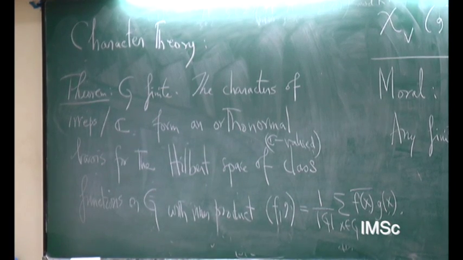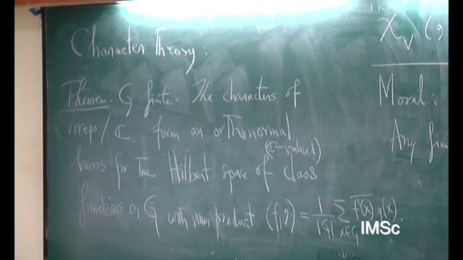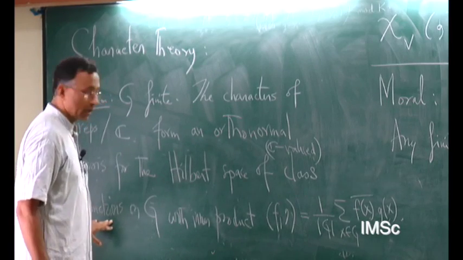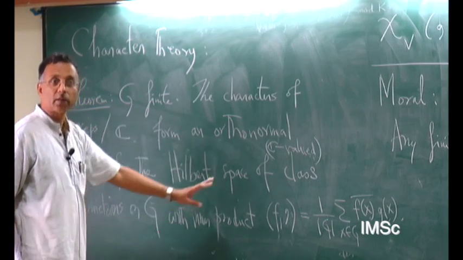Okay, let us parse. There are a lot of things here, so let's understand what it means before we start proving it. Okay, so let's understand this Hilbert space of class functions. What are class functions?